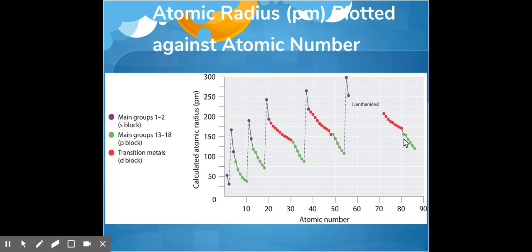So it's pretty intuitive that as you go down a group, that atomic radius would get larger. But I think most people are surprised to hear that as you go across a period, the atomic radius gets smaller.